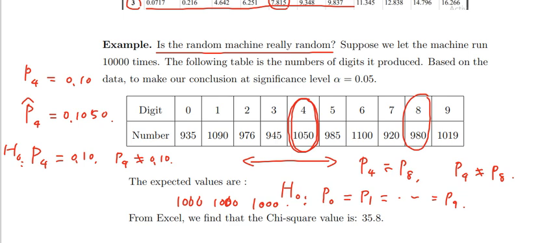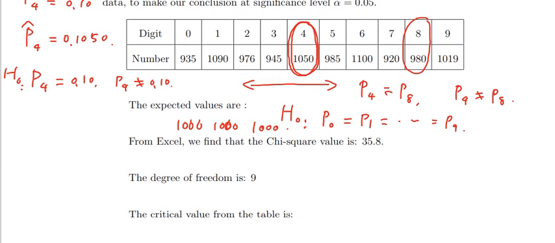Okay, so we can find the chi-square value. The chi-square value is this, right? Chi-square equals the formula: summation of the observed value minus expected value, squared, over expected value.